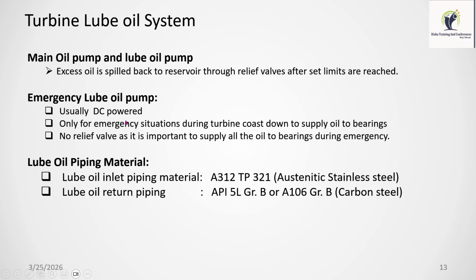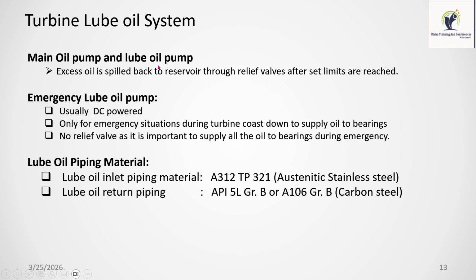This is the main oil pump. Normally, to start the turbine, we have an auxiliary oil pump, which is a motor driven, AC power supply pump. Then one main oil pump will be there, which is normally shaft driven.